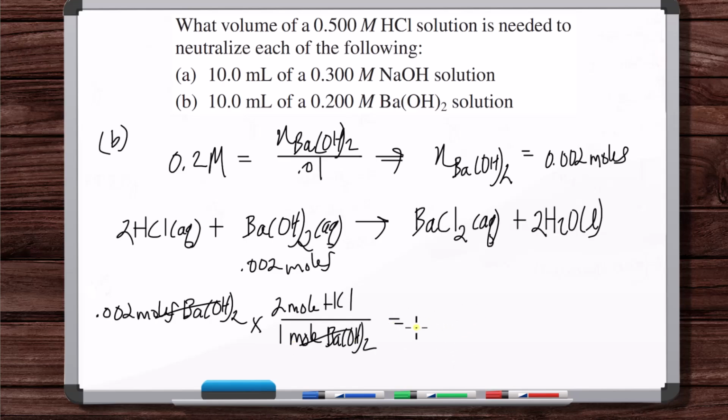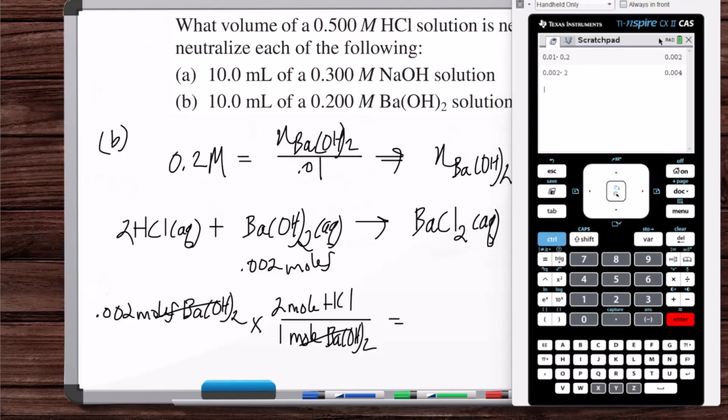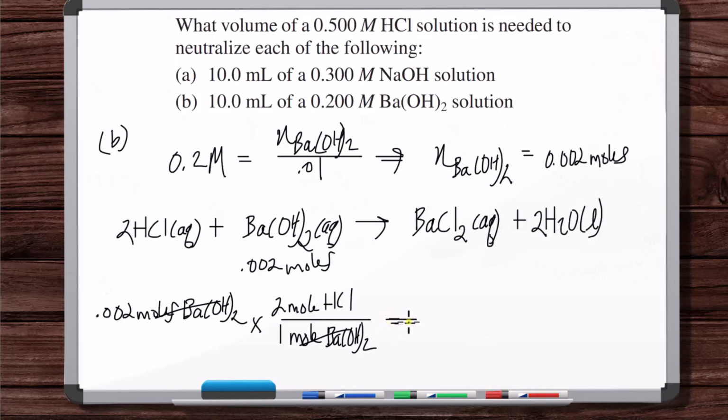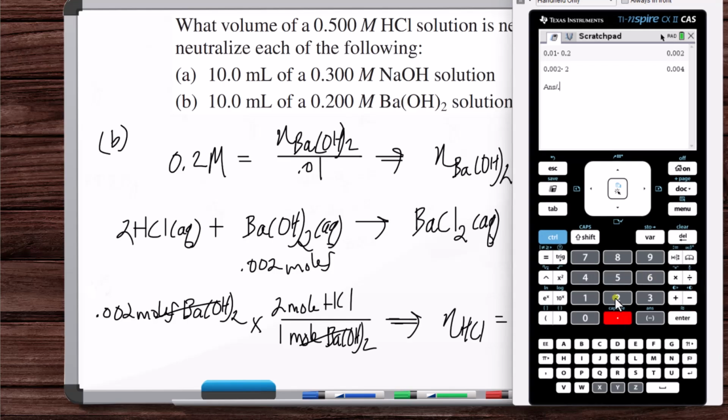And so there were 0.004 moles of hydrochloric acid involved in this titration. So, okay, V is, divide this by 0.5. That's 8 milliliters.